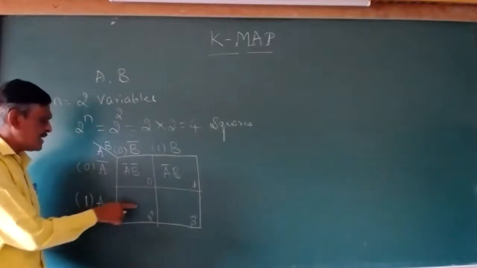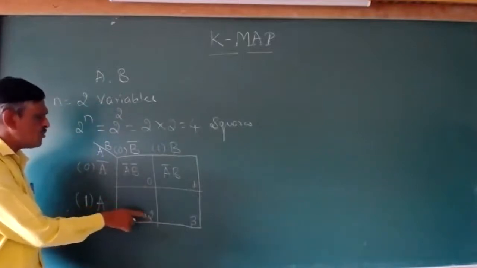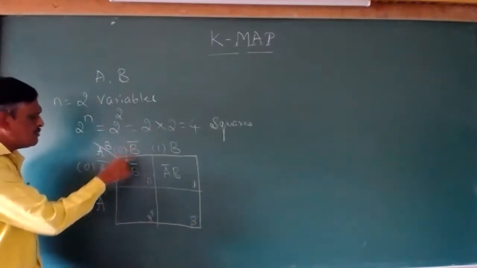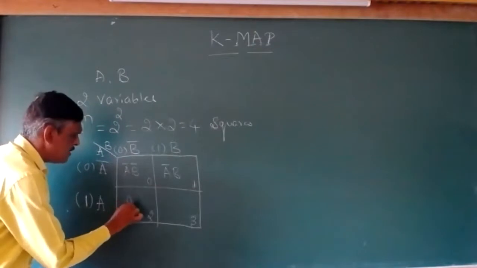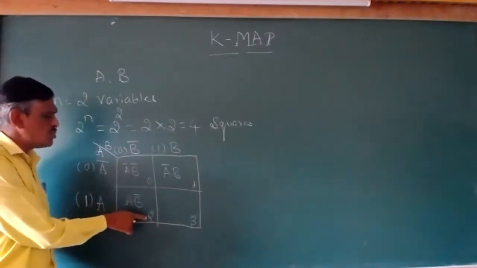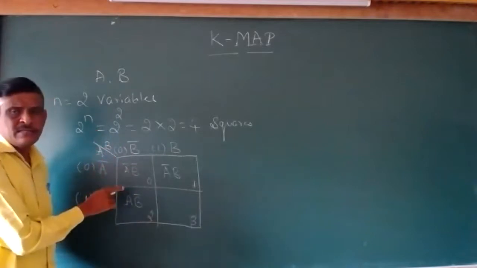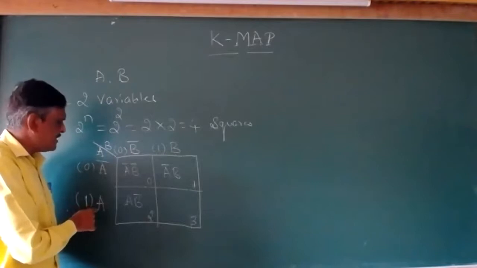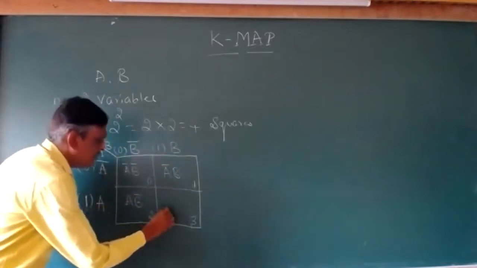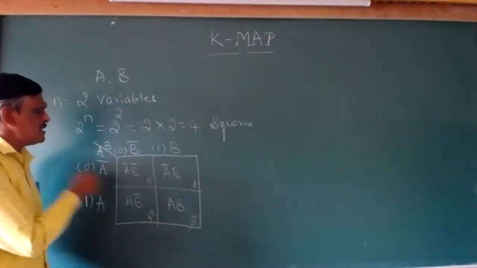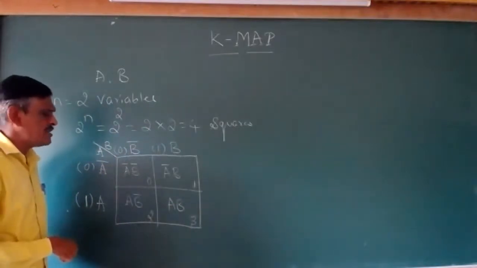So in the second row, the designation number 2 square has row A and column B complement. So A B complement is the min term for designation 2. And the last one, the min term is A B. A B is the min term of this last square designated as 3.